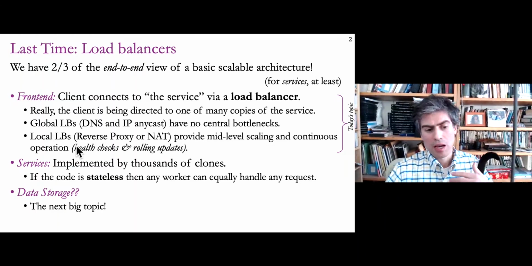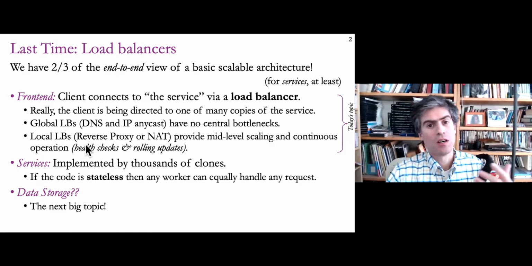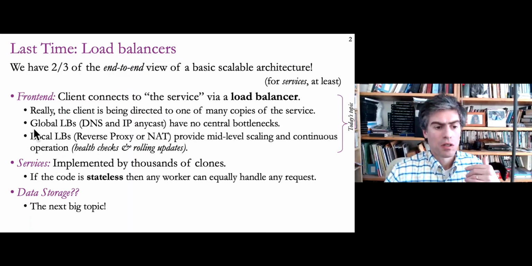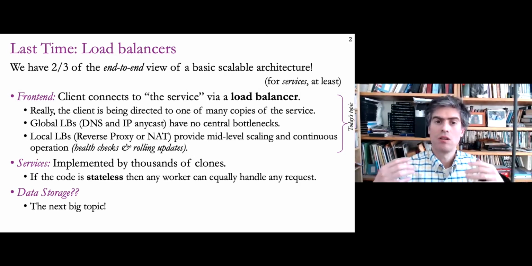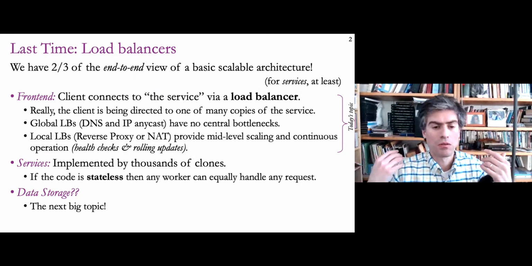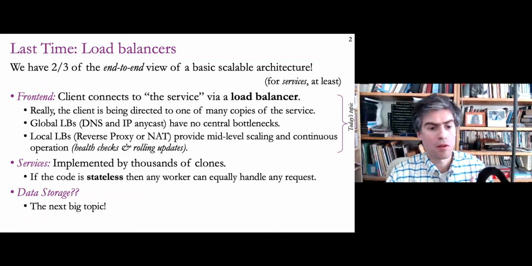When we need scale beyond that level, let's say beyond 100 machines, you need to move to a global load balancing solution where users use some kind of distributed directory service to find their way to a replica of your service.